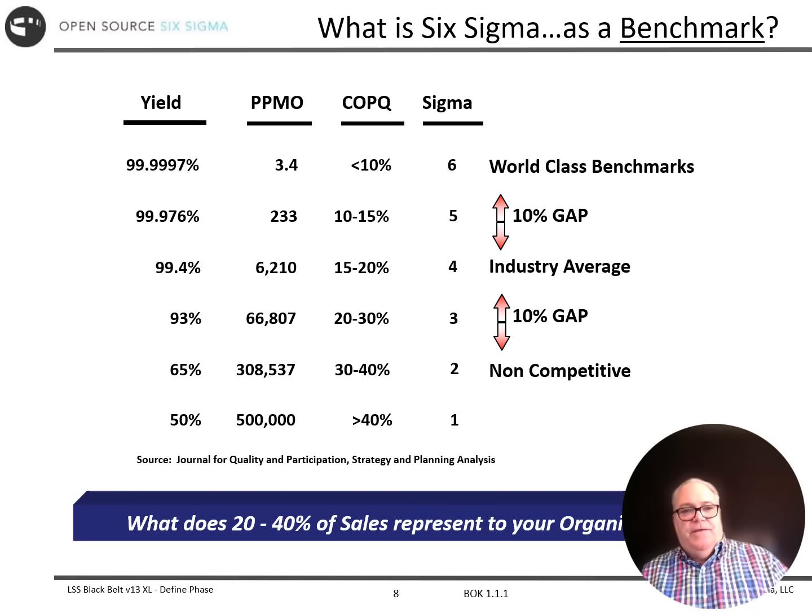Here we put it all together for you. We've got the yield, we've got our sigma quality level here from 1 all the way up to 6. Yield can translate into parts per million defective, and then we add in a little cost of poor quality metric.